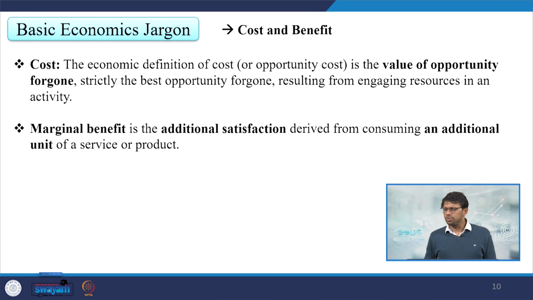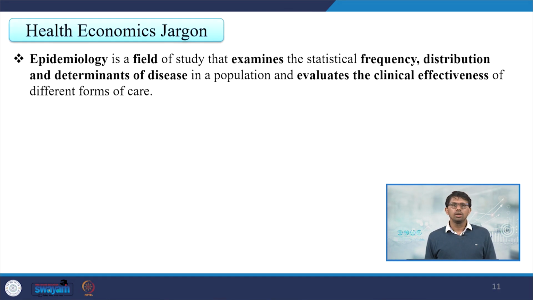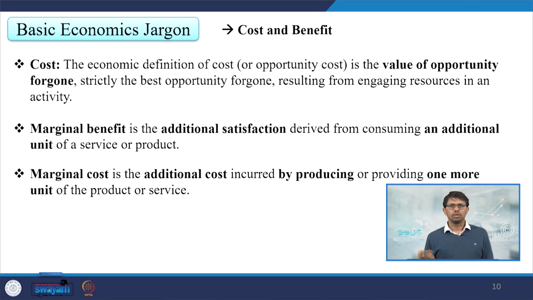They include all possible costs. Okay. And marginal benefit is the additional satisfaction derived from consuming an additional unit of service or product. Marginal cost, of course, is the additional cost incurred by producing one more unit of production or service.